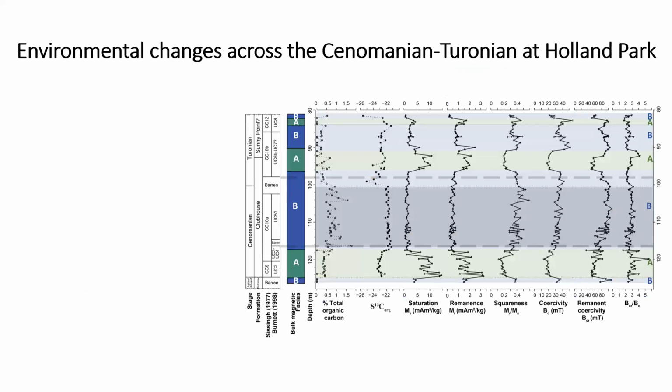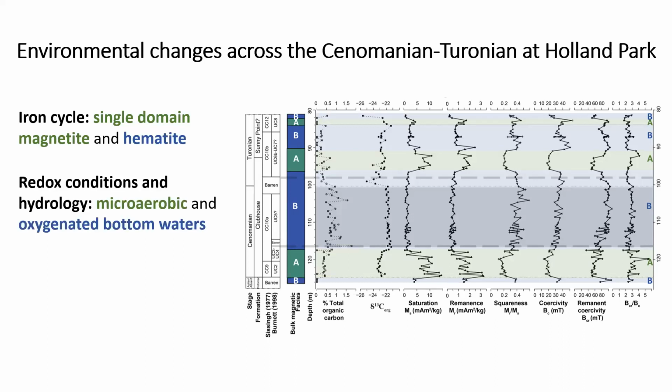All right, to sum up, let's look at some of the environmental changes we can start to piece together at Holland Park. Firstly, we see changes in the iron cycle, very generally. We have these dominant assemblages of single domain magnetite and hematite. We also see changes in redox conditions and hydrology, notably going back and forth between microaerobic and oxygenated bottom waters.